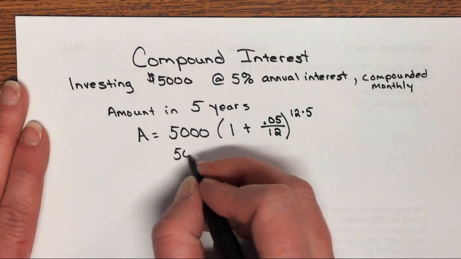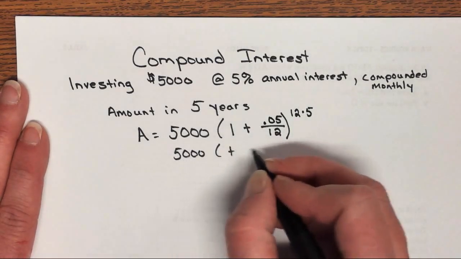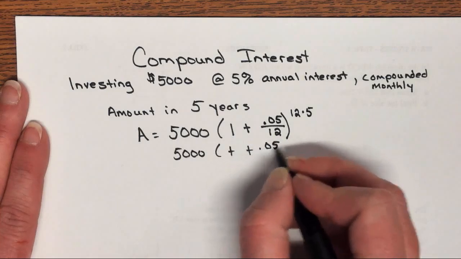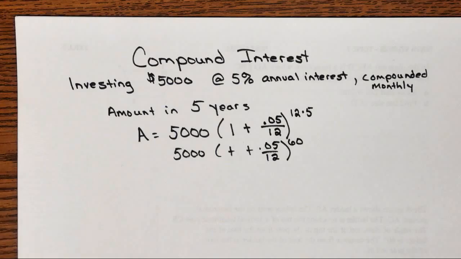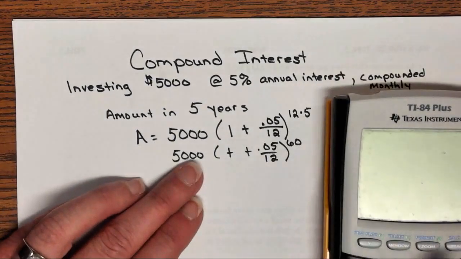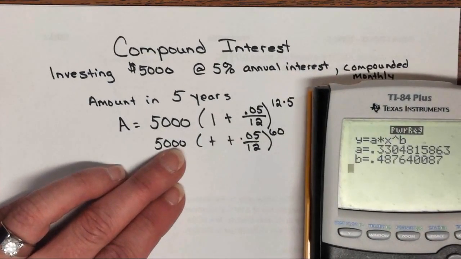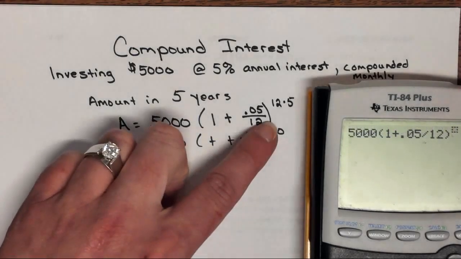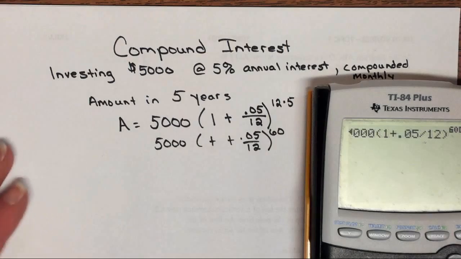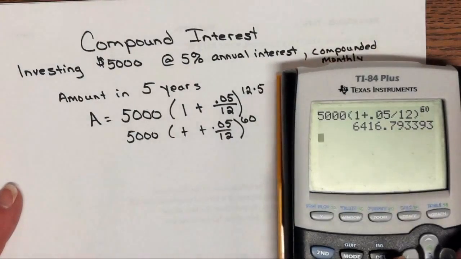So 5,000 times 1 plus 0.05 divided by 12, to the 60th. That gives us our account balance after 5 years. 5,000, 1 plus 0.05 divided by 12 to the 12 times 5, or I can go ahead and write it as 60, and it gives me my balance.